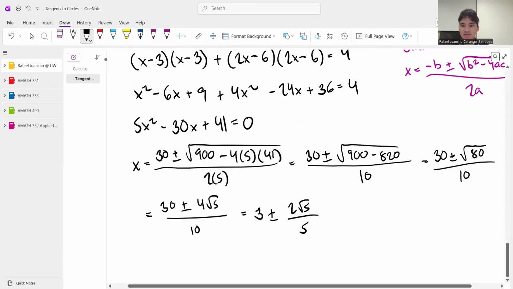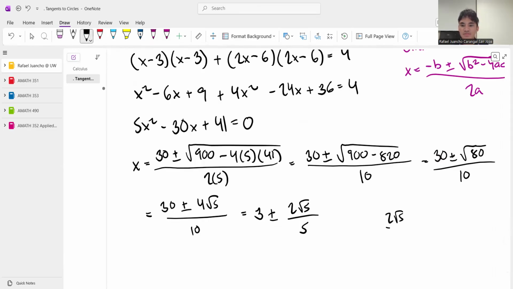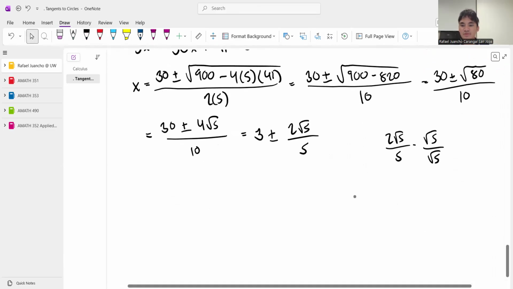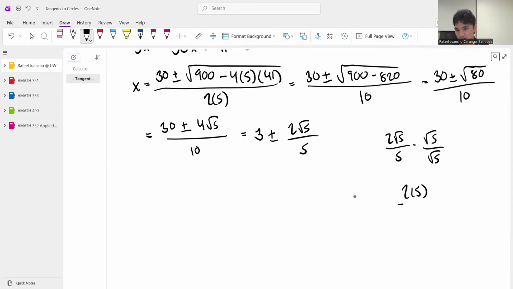Oh, is this maybe rationalizing? Let me just check. Or I could be right. Let's try this. Well, that would be 3 times 5. 5 squared 5, that's 10. 2 squared 5.